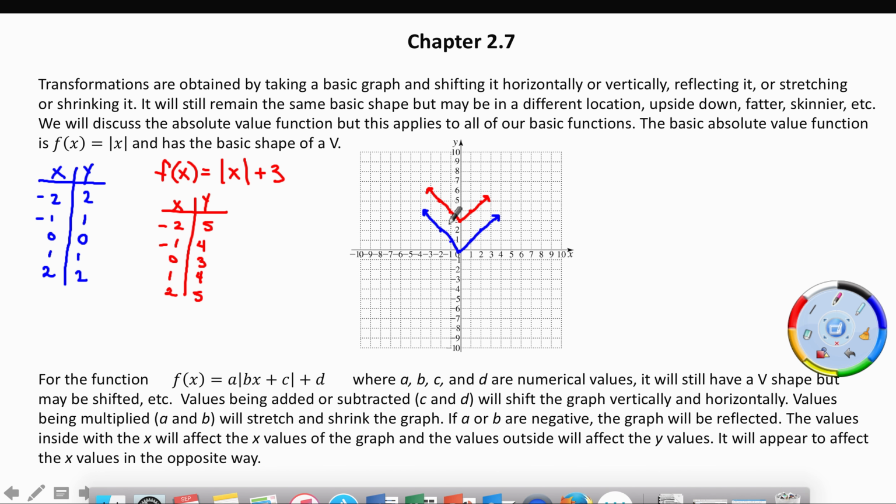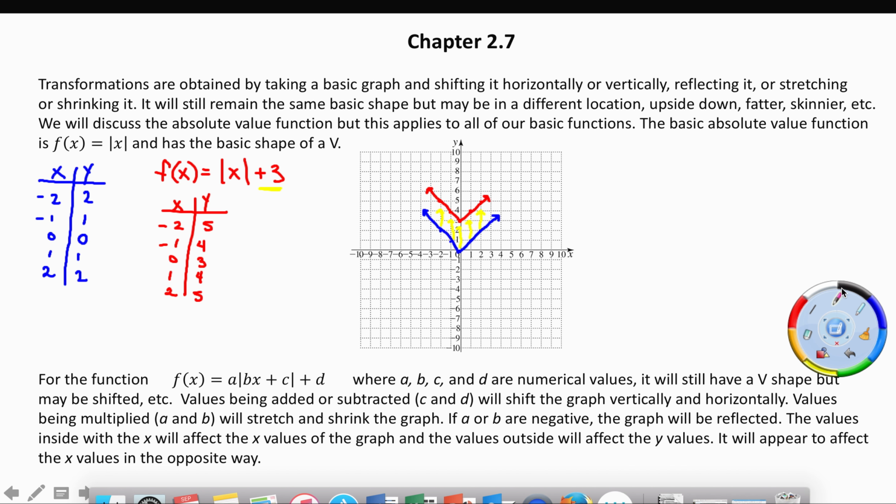It is just this graph, except every point was moved up 3. Every one of the points from my original graph was moved up 3.